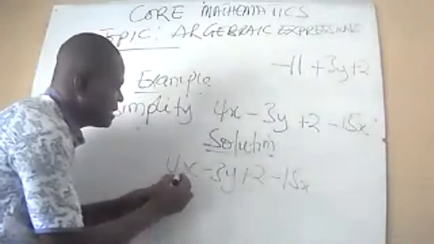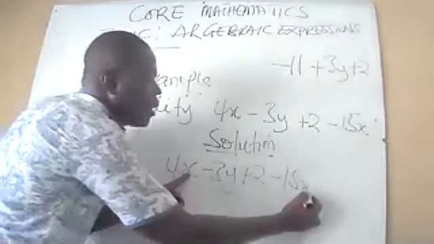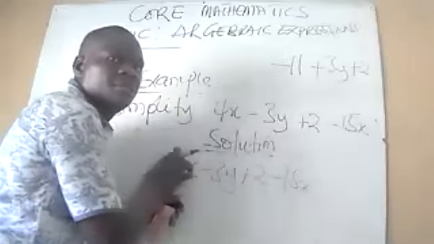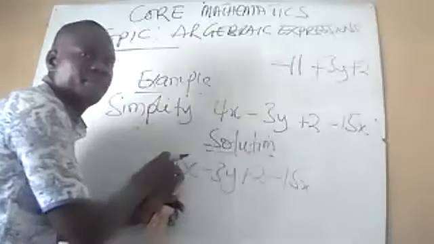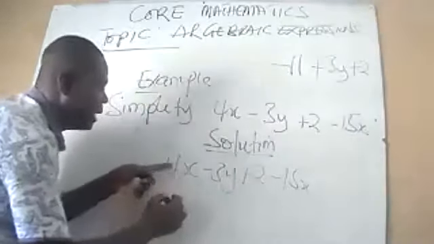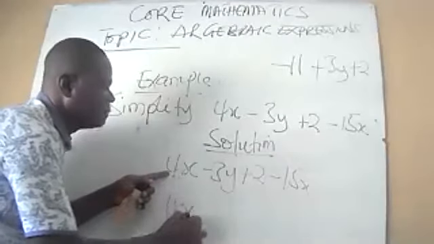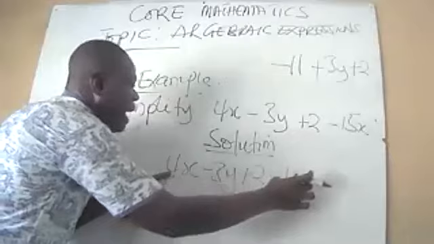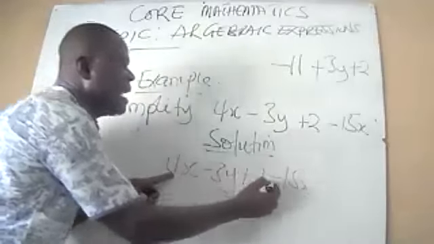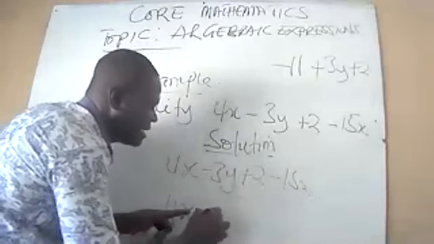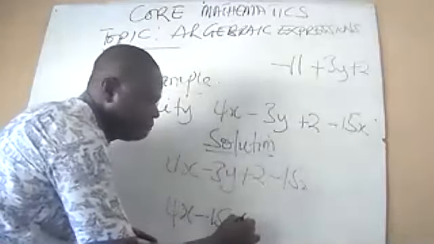You realize that this is X and this is also X. They have the same exponent, so they are alike. So they are like things, so we can group them. This one is already existing here. So we write 4x, and the one we want to pair with this is negative 15x. So we bring it here to become negative 15x.